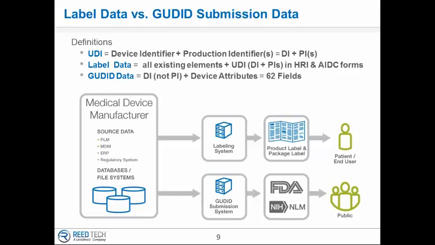Whereas the GUDID data are this large group of device attributes you may or may not be aware of, depending on your product and how it is compiled, could have up to around 62 fields. And all that data has to be submitted to the FDA, as mentioned, ultimately hosted on the National Library of Medicine site. However, what we see is there are various sources of this data, which becomes quite problematic.